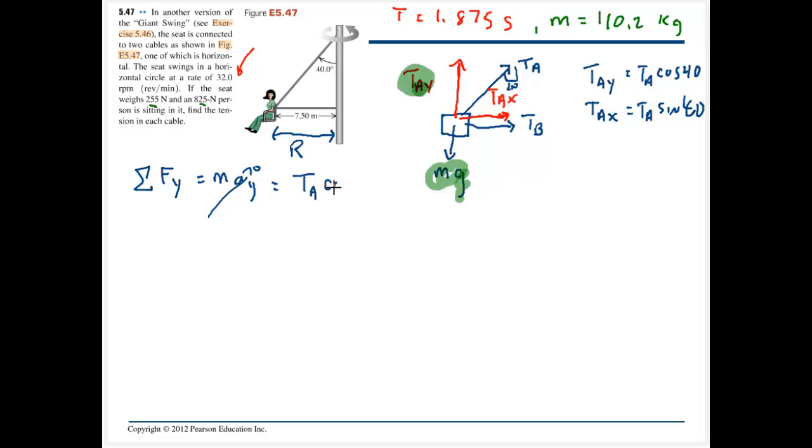Tension A cosine 40 upwards, mass times gravity downwards.